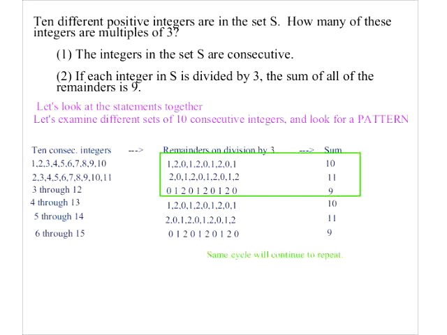So notice the only time you get a sum of 9 is when you have this set right here. All of these, the orange ones, which have a sum of 9, will all contain 4 multiples of 3 each.